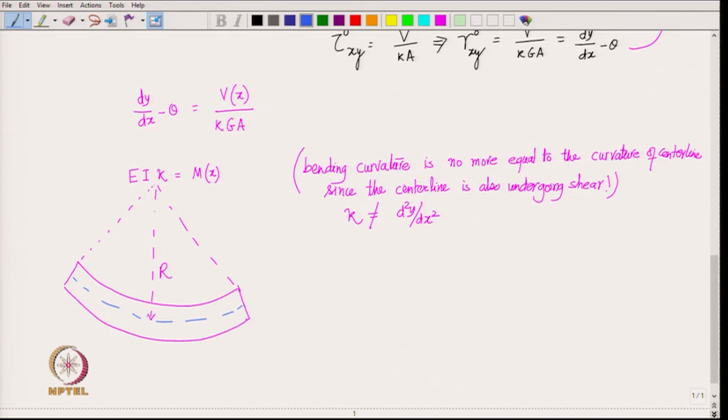Now, look at the rotation of the cross section. For example, if I concentrate on this cross section and the cross section over here, the relative rotation of the two cross sections is the same as this angle here, is it not? So, what can you say about the rate of change of angle with respect to the arc length x? What can we say about d theta by dx?